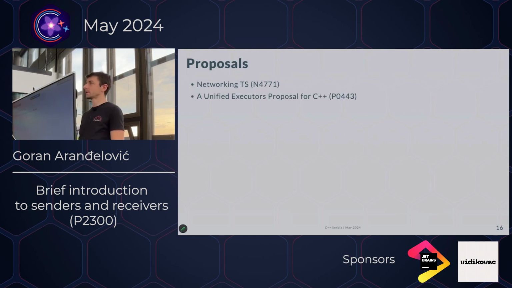Then afterwards, senders and receivers were actually proposed in a proposal called the unified executors proposal. I think that is the first time senders and receivers are mentioned. And this is a proposal that was the base for the current design that will probably end up in C++26.